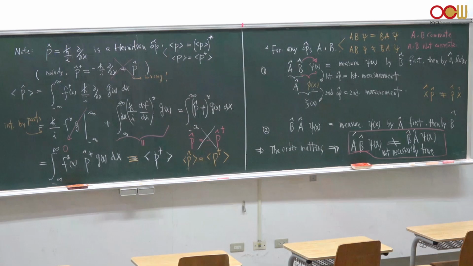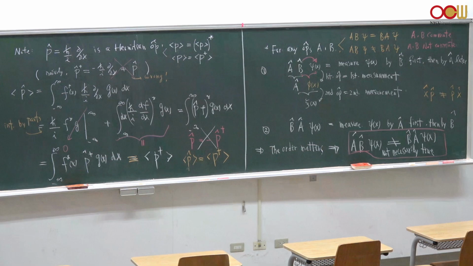You will see later that the commutation relation between any two quantum mechanical operators is really tied to the Heisenberg uncertainty relation. In a more mathematical formulation, if two operators commute, then we could simultaneously determine the two measurements with 100% accuracy.